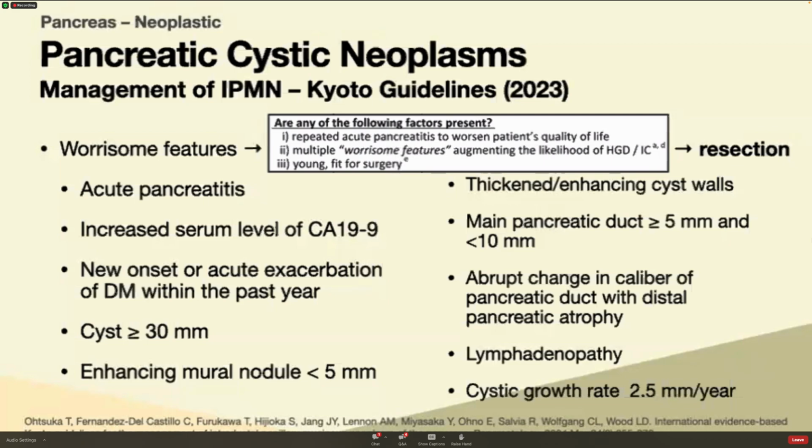So these are acute pancreatitis, elevated CA19-9, new onset or acute exacerbation of diabetes, cyst size of greater than or equal to 3 centimeters, enhancing mural nodule of less than 5 millimeters, thickened or enhancing cyst walls, main pancreatic duct of 5 to 10 millimeters, abrupt change in caliber of the pancreatic duct with distal pancreatic atrophy, presence of lymphadenopathy, and cyst growth rate of 2.5 millimeters per year.